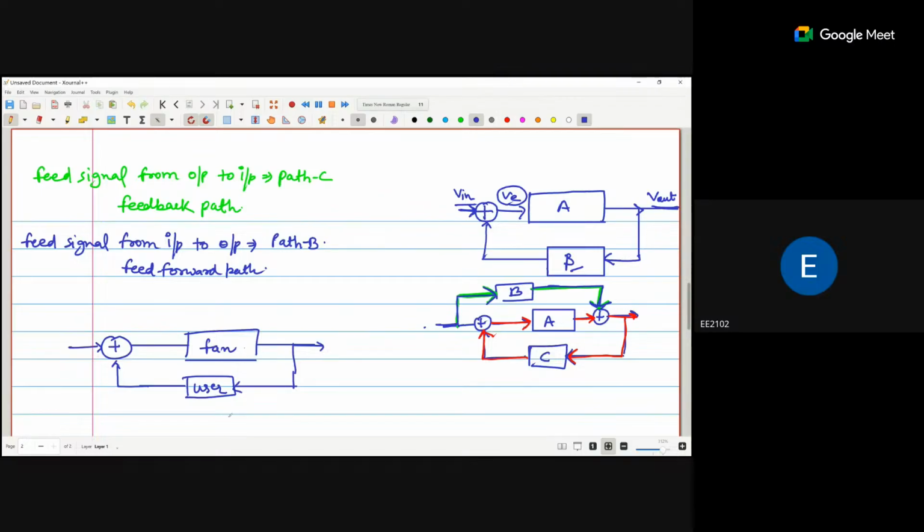Now the other way is that if light is not there, through the UPS or inverter you operate your fan. So there are two mechanisms to operate the fan. One is the electricity and second is the UPS.